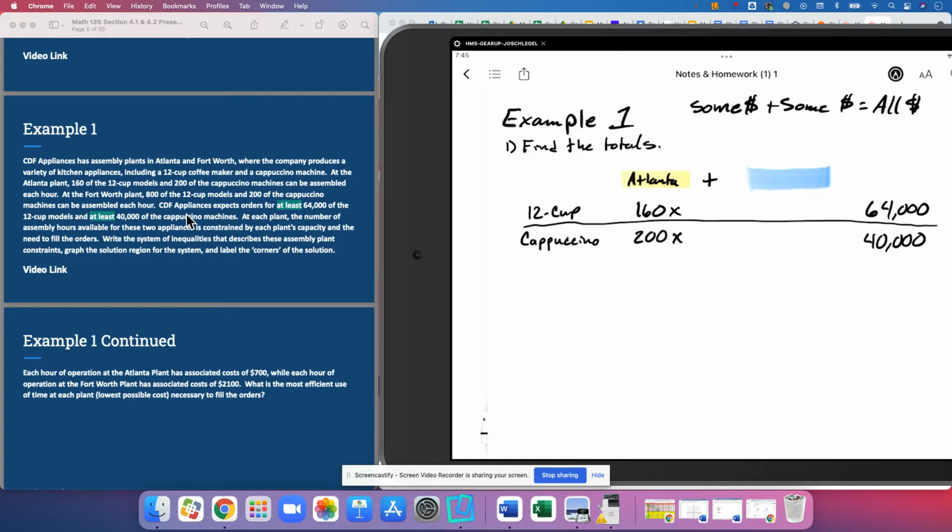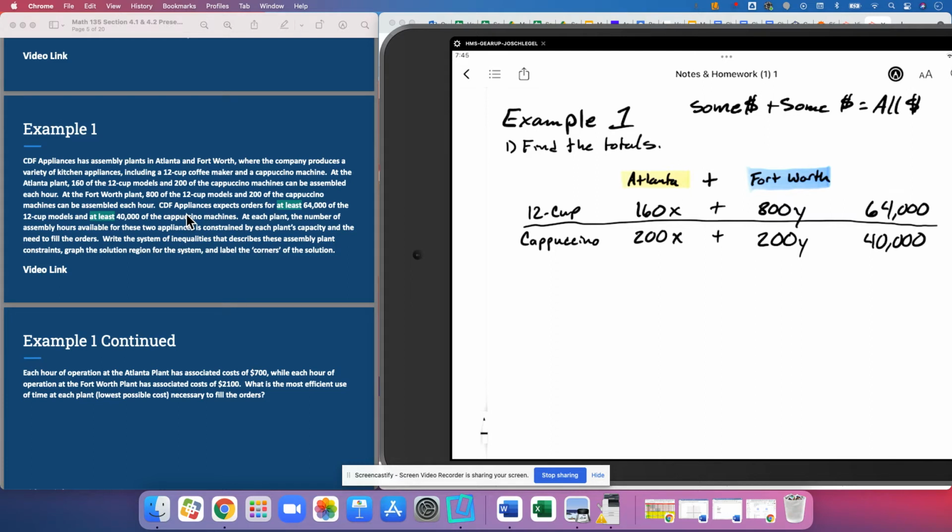If I continue reading, everyone, at the Fort Worth plant, so Fort Worth, we are able to produce 800 12-cup models and 200 cappuccino machines each hour. So Fort Worth is a different plant. We're going to use a different variable to represent it. We will use Y. And 200 cappuccino, we will use Y.